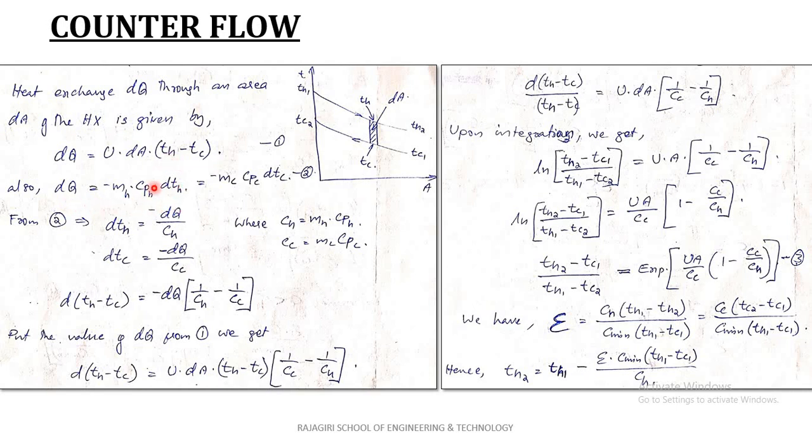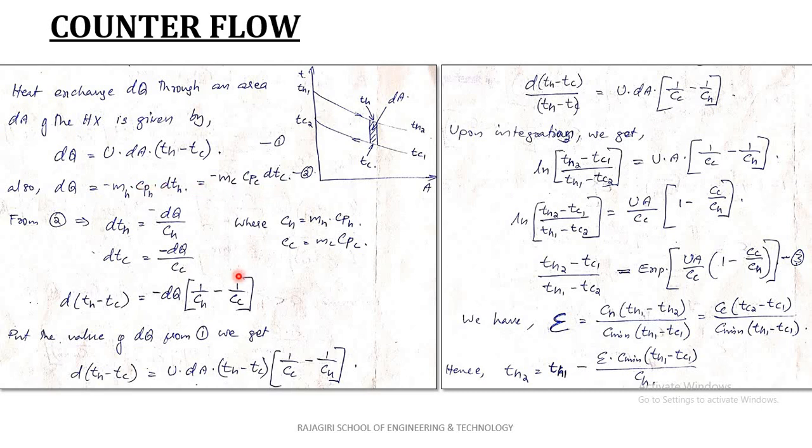That should be equal to minus mh cph dTh, that is equal to minus mc cpc dTc, because of the opposite flow direction of the fluids. Flow direction is opposite, so both terms here are negative.